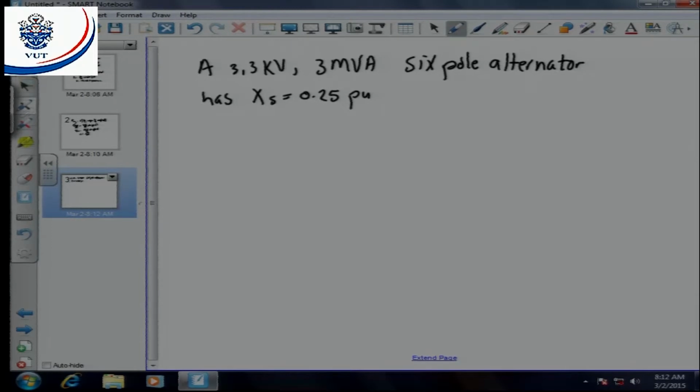Calculate the synchronizing power and the corresponding torque. So we need to calculate P synchronizing and the synchronizing torque.